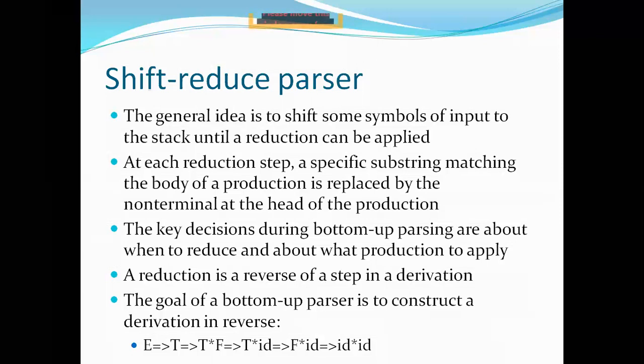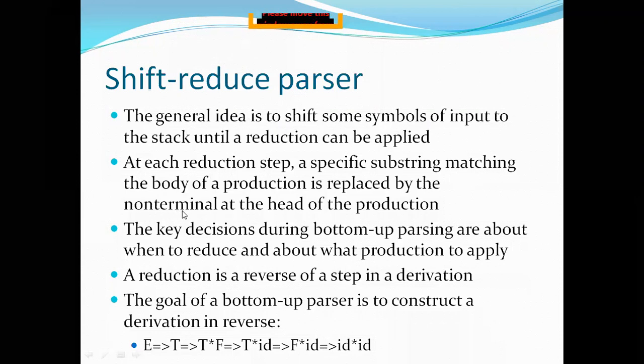If the stack does not have dollar, the top of the stack is another terminal, and the input string is dollar, that means we are getting an error. So that is called the shift reduce parser. The general idea is to shift some symbols of input to the stack until a reduction can be applied. At each reduction step, a specific substring matching the body of a production is replaced by the non-terminal, right?